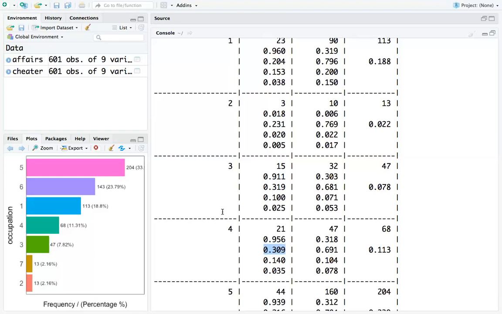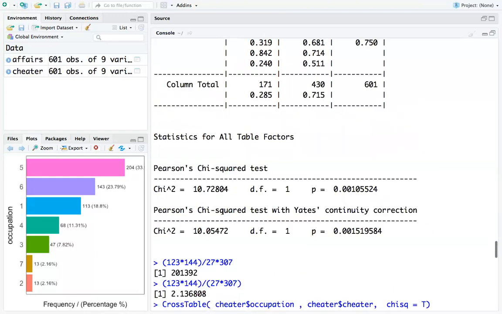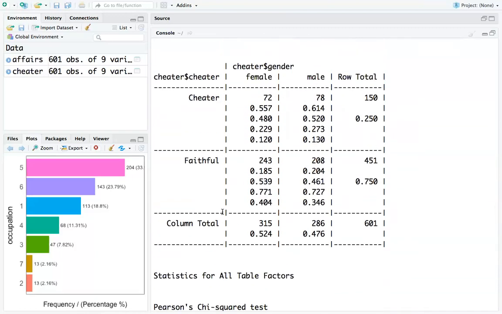And let's just say if we go back to the gender one, okay? And somebody says, yeah, but still, the percent of cheaters of females is 23% versus 27%. That is a difference. If we do the relative risk here, it's going to come out to be 1.2 something, okay?